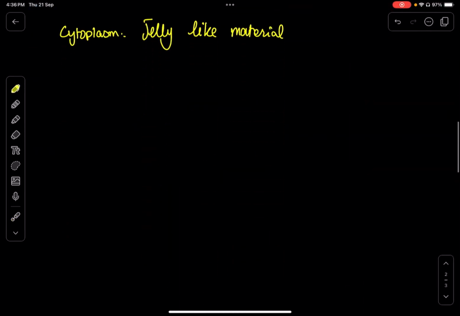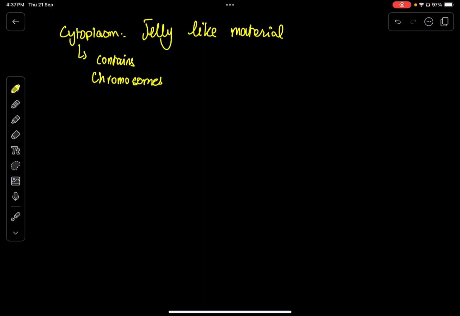One more thing about cytoplasm, it contains chromosomes, which we will discuss in much more detail in a further unit.